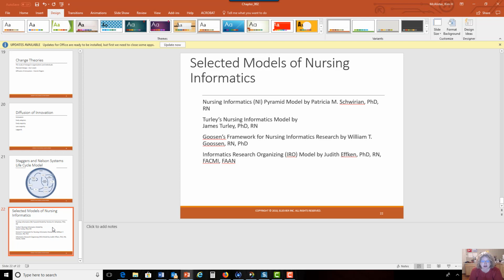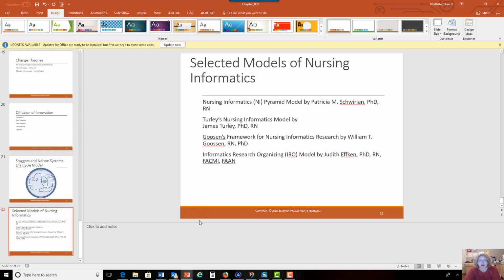Turley's model looks at cognitive science, computer science, informatics, and nursing science. This is expressed in a model with cognitive science, information science, and computer science all in circles that interconnect, with informatics in the very center of the model. And then nursing science surrounds all of it.